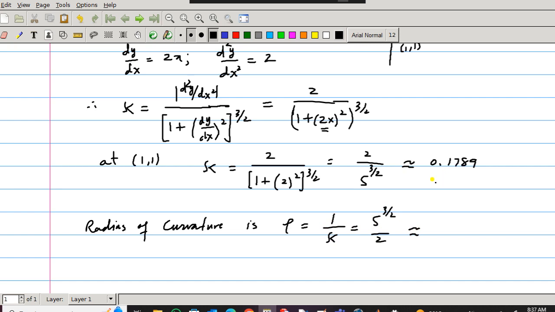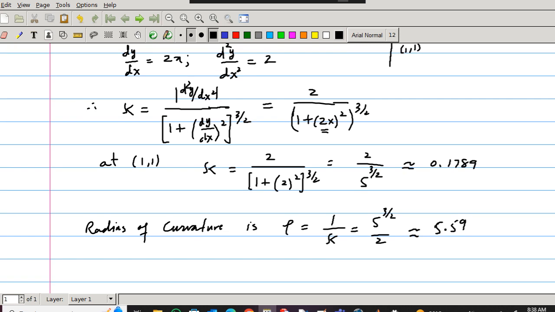If I divide 1 by 0.1789, what will you get? 5.589, so 5.59 I can write. So this will be the radius. So see, when your kappa is small, 0.17 is a small number, the radius becomes a little bigger, right? So always remember, small curvature gives you a big radius, big curvature gives you a small radius.